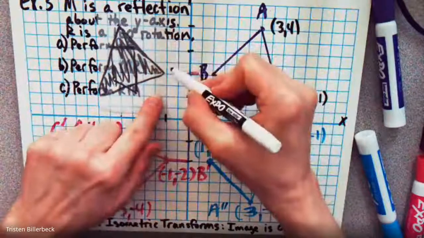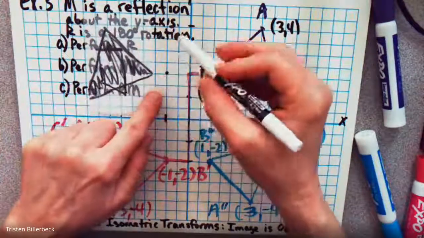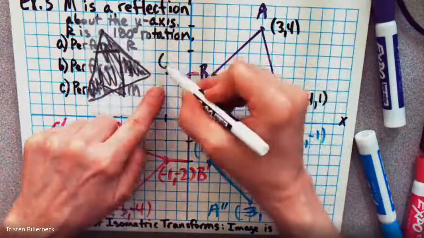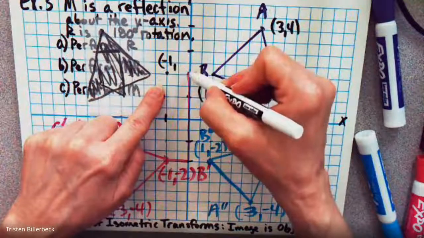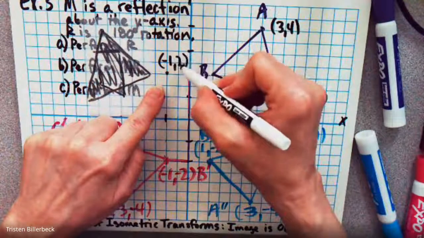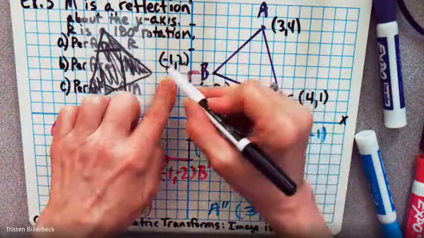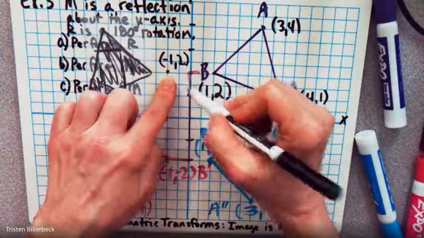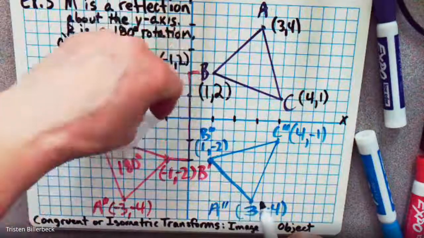That's very unusual. So let's just go with one point here. If that is negative 1, 2, then we know a rotation is going to be at 1, negative 2. It is going to line up.